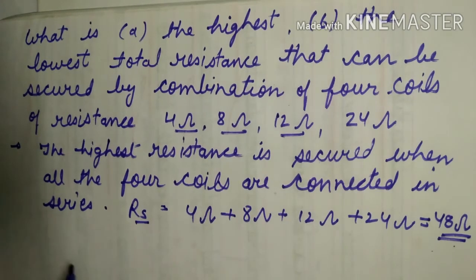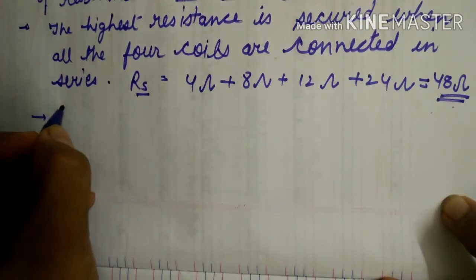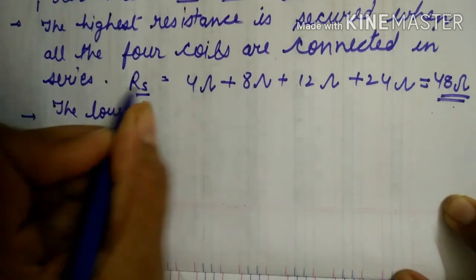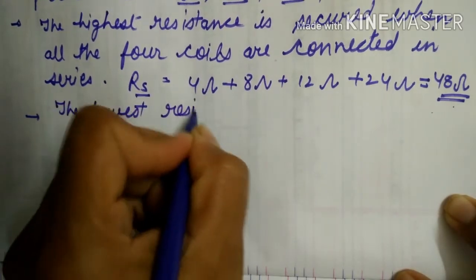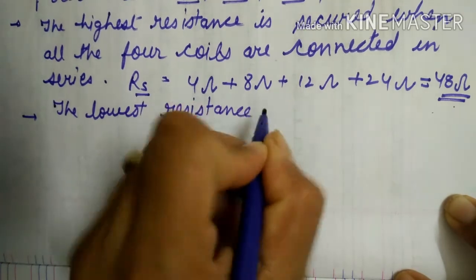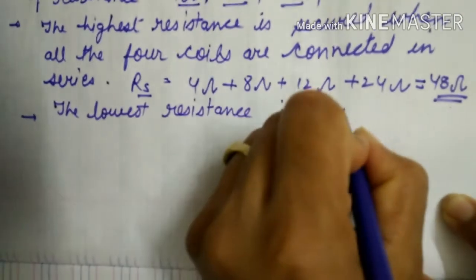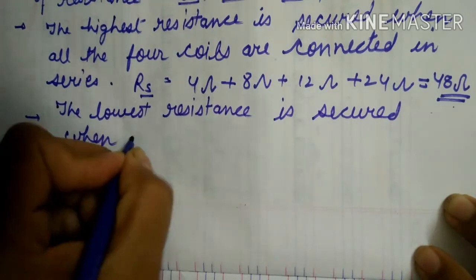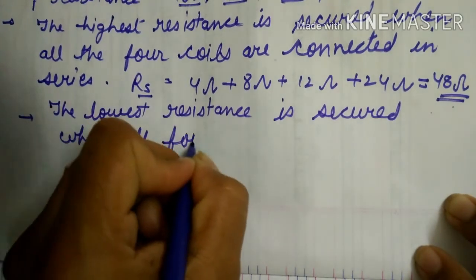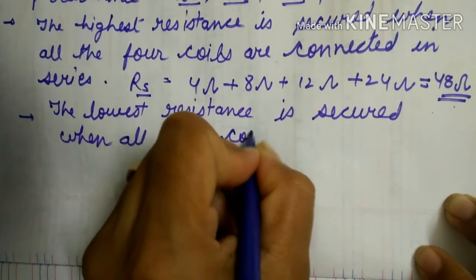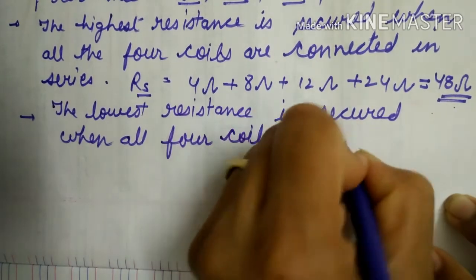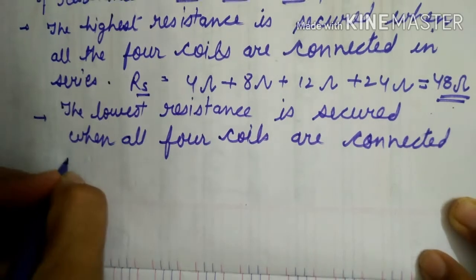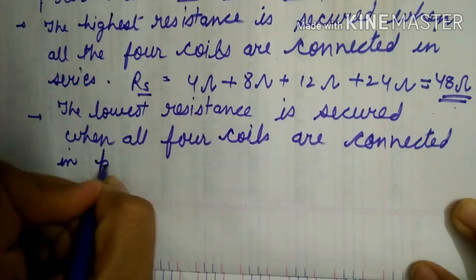Okay. Same way, the lowest resistance is secured when all 4 coils are connected in parallel.